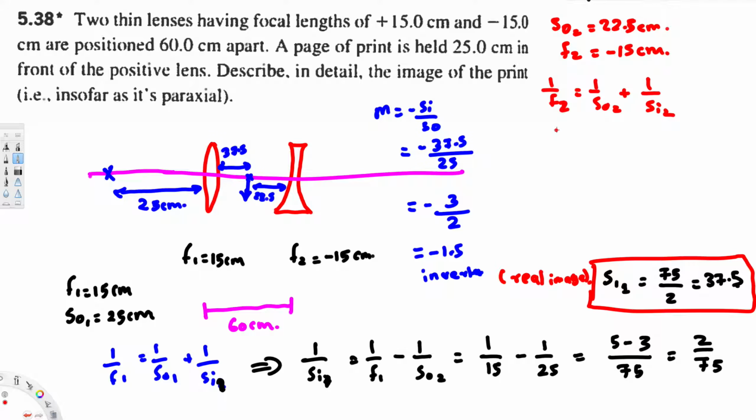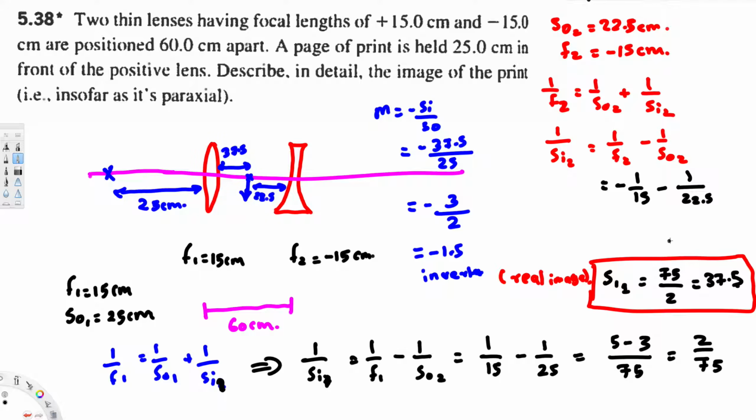So if I rearrange this equation, that's going to give us 1 over SI2 is equal to 1 over f2 minus 1 over SO2. Okay, now let's go ahead and plug in the values. The focal length is negative 15, so this is going to be negative 1 over 15 minus 1 over 22.5, since the object distance is 22.5.